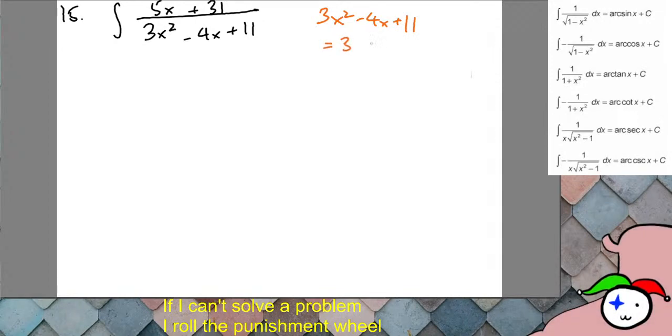So this is 3x squared minus 4/3 plus 11 over 3.